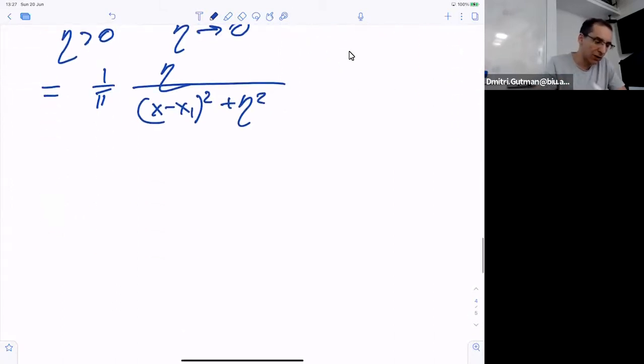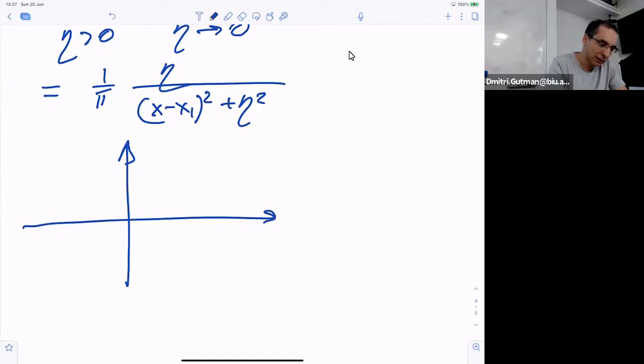So what is this function? How does it look? First of all, if eta is finite, it's actually a Lorentzian. Sorry, let me take it back.